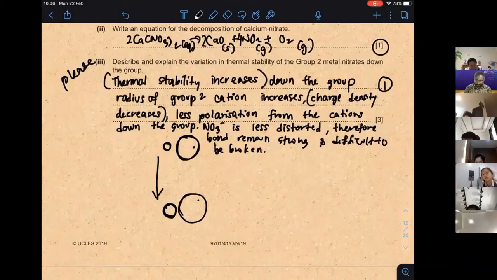Either this or this, and you will get the full 3 marks. Please try to reflect when you write down your answer. Are you going to write all this? Charge density? Are you going to talk about less polarization? Are you going to use this less distorted? Are you going to use these terms? Very, very important. Please reflect on that.